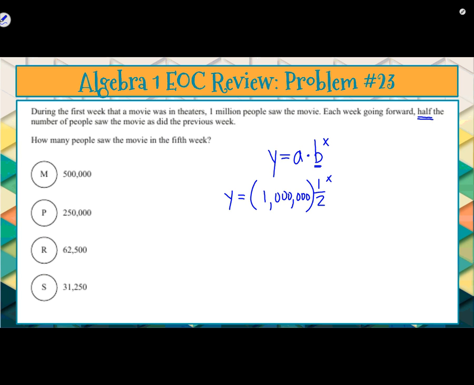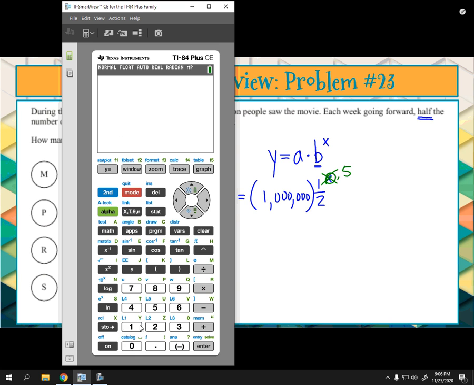And what we need is the 5th week. So for x, we're going to plug in a 5. So we want 1 million times 1/2 to the 5th power. So we're going to break out our graphing calculator again. We're going to type in 1 million times 0.5, or 1/2, to the 5th power.